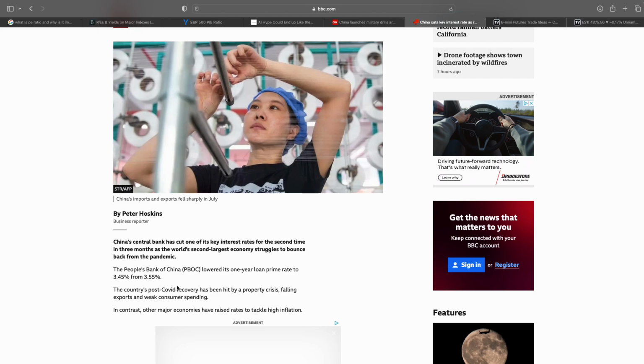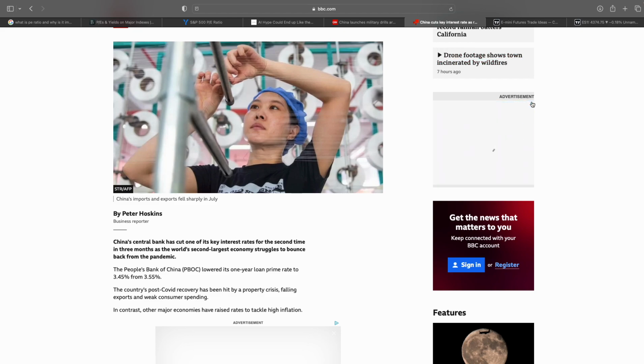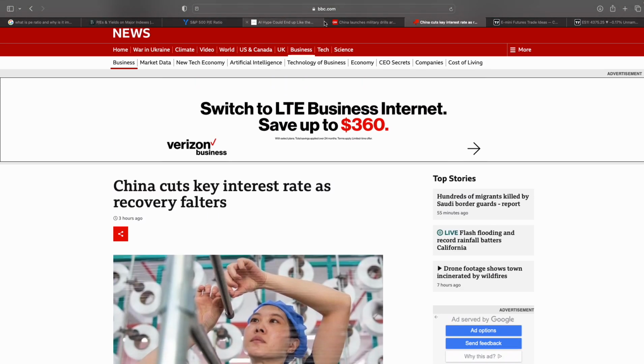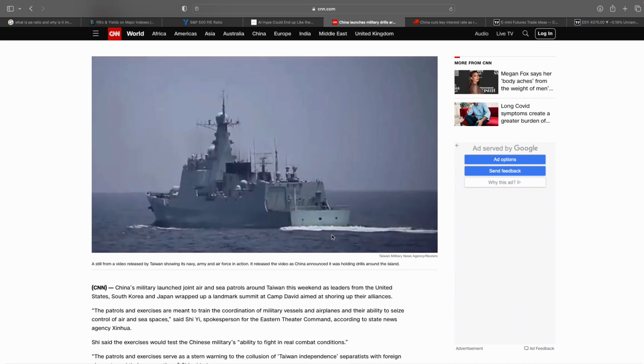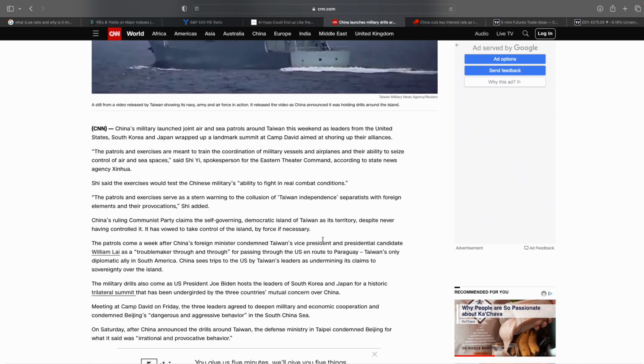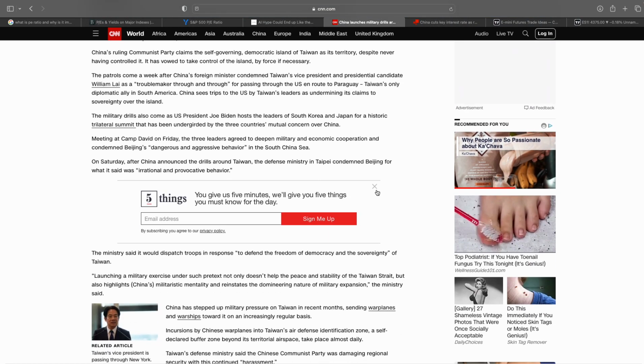And I know a lot of countries can stimulate their economy by going to war, because then the government's forced to put money into the economy. So that could possibly be an option if they get under pressure. I would definitely keep an eye on this situation. They've been doing military drills around Taiwan. The U.S. did say they would back Taiwan.